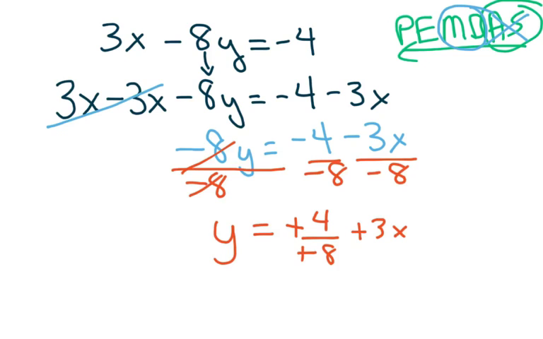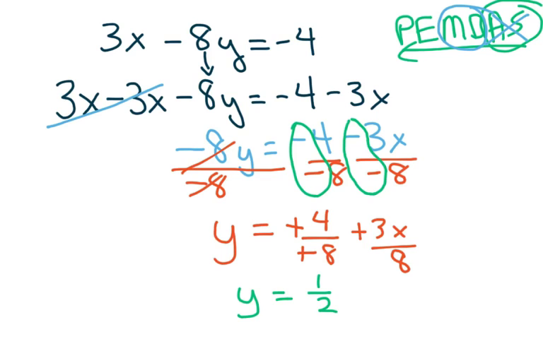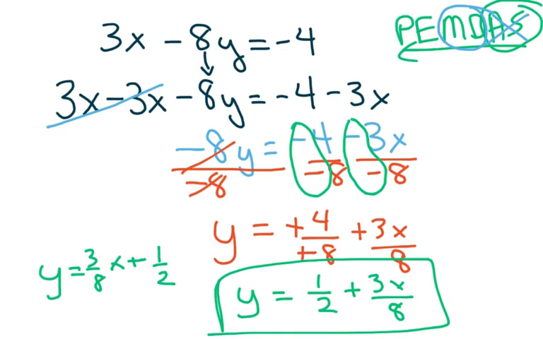So that's going to be positive 3x over 8. These two negatives turn to positive. So our final answer is y equals 1/2 plus 3x over 8. Or you can write it as y equals 3/8 x plus 1/2. But this is fine here.